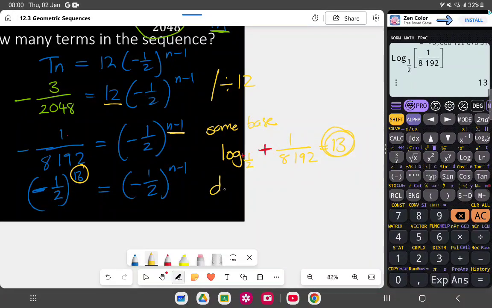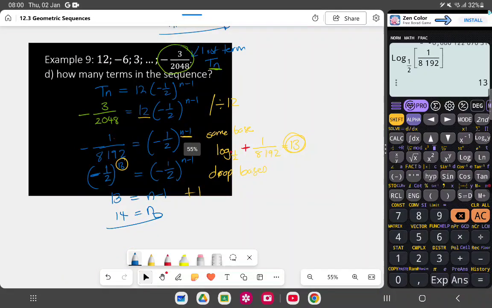Now I can drop my bases. So 13 is equal to n minus 1, plus 1 on both sides. N is equal to 14. This means that there are 14 terms in this sequence. Okay.